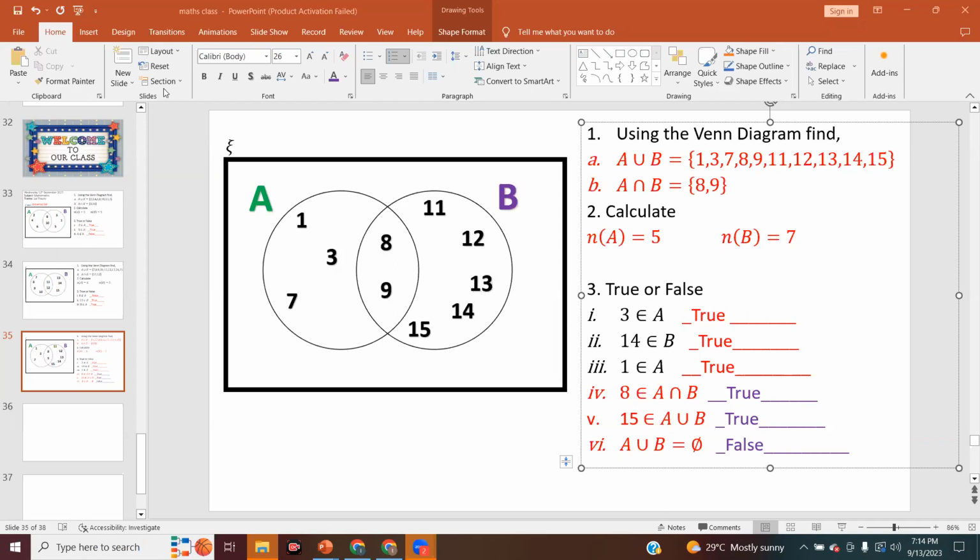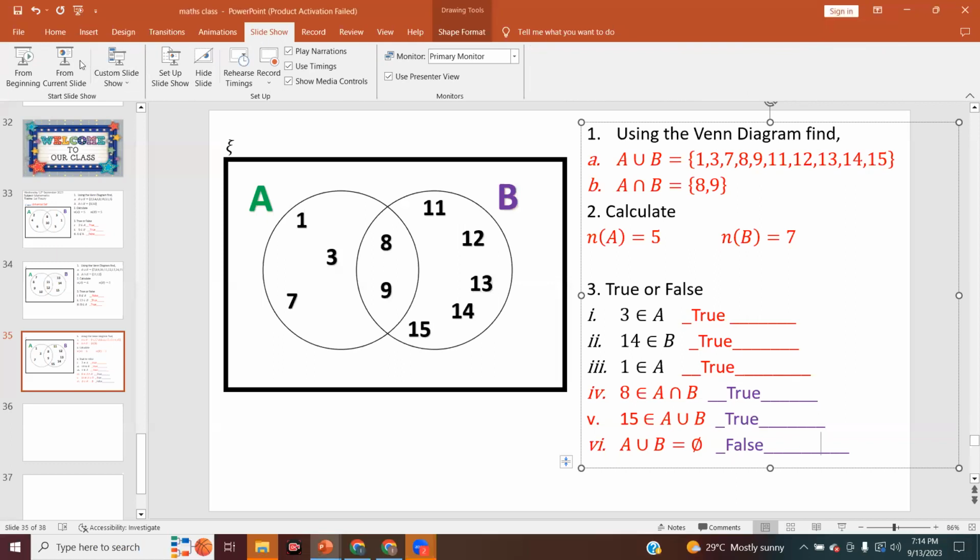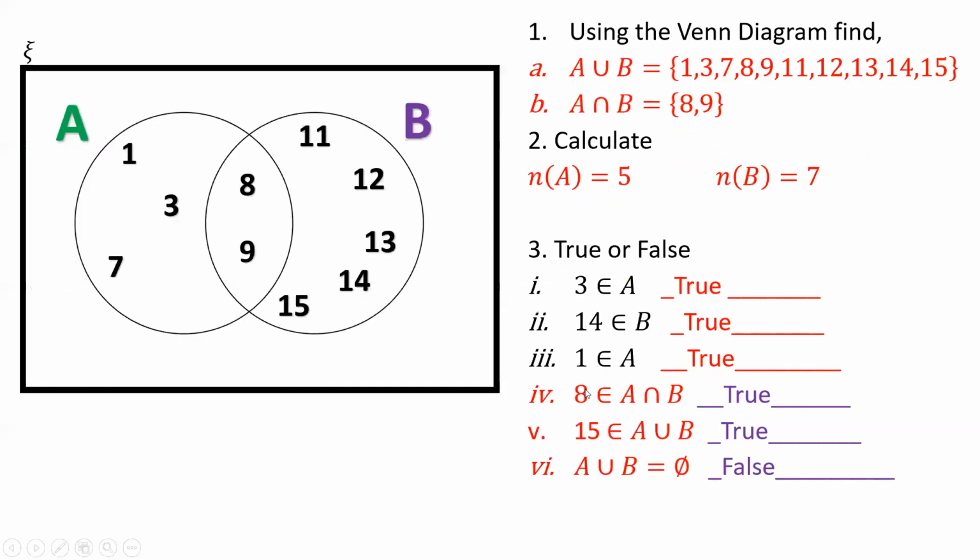Oh, okay, so 4, 5, and 6 are bonus questions. What we're saying is, 8 is here, right? So that means that 8 is a part of both A and B. You agree?